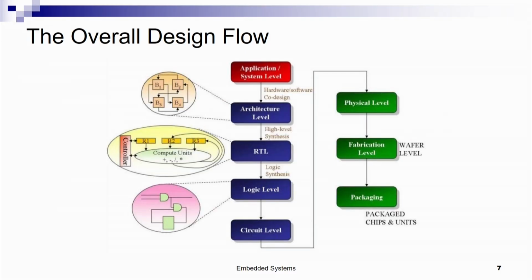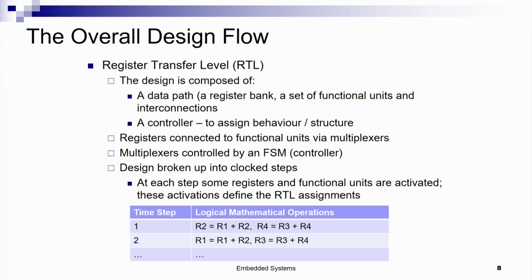Okay. So, from the architectural level, we move to the RTL level, and at the register transfer level, the design is composed of a data path and a controller. We said that essentially any hardware that we design has a logically structural view, composed of a data path and a controller. The data path consists of register banks, functional units, and their interconnections.